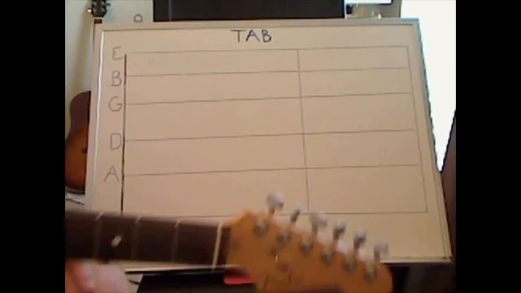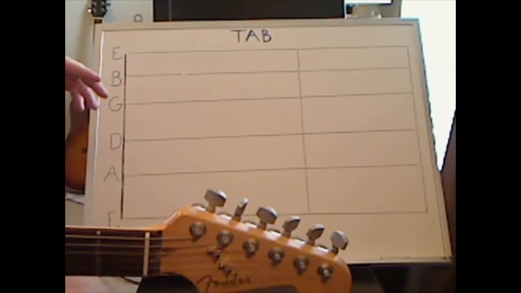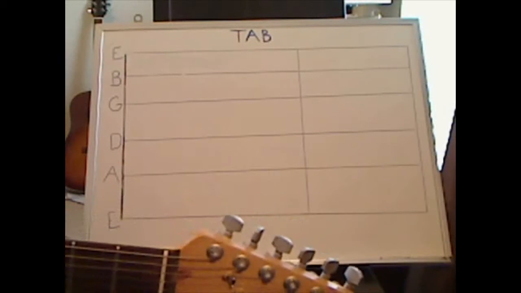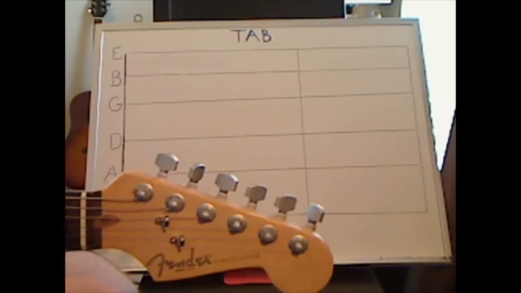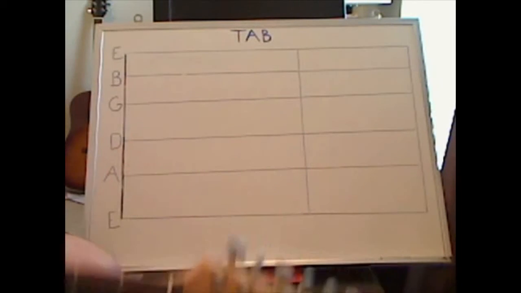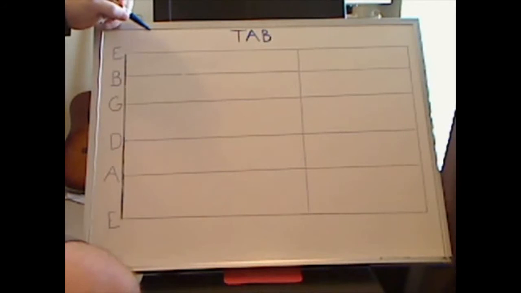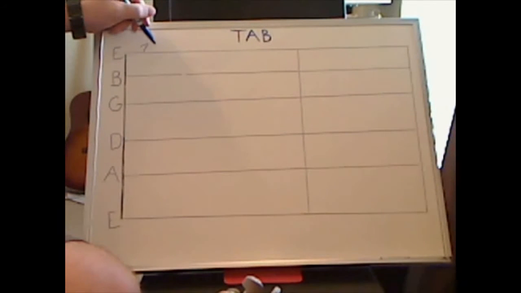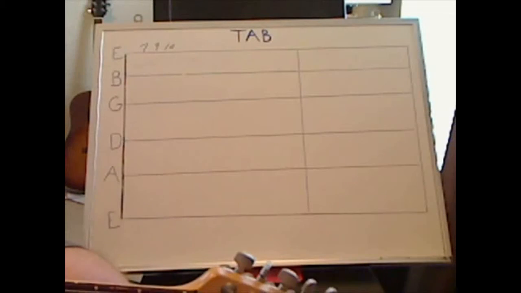Now, just to explain some of the symbols that you'll find on tablature and how to read it, this is how tablature is meant to be written. What I'm going to do is write some numbers. I'll put a 7, 9, and then a 10.